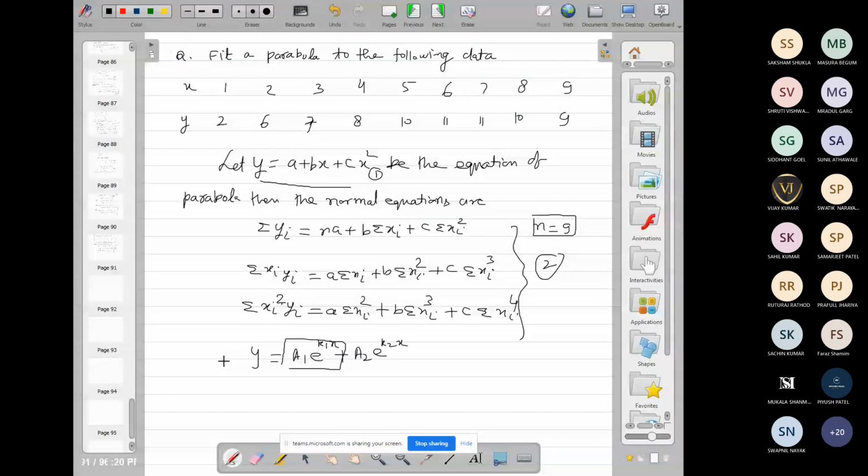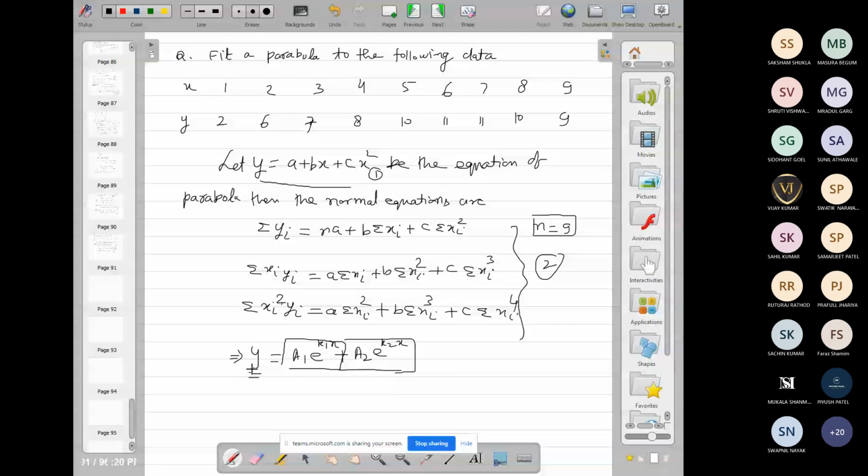But if we want to fit the curve as a sum of exponentials, maybe 2, 3, 4, suppose consider only 2, then we cannot discuss it right now, because we need to perform numerical integration to determine a1, a2, k1, k2.